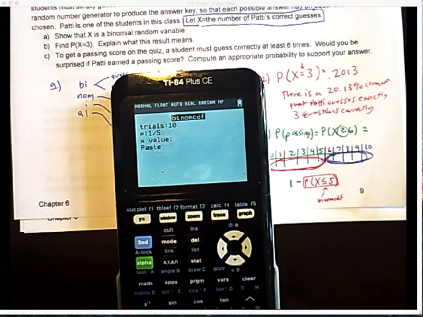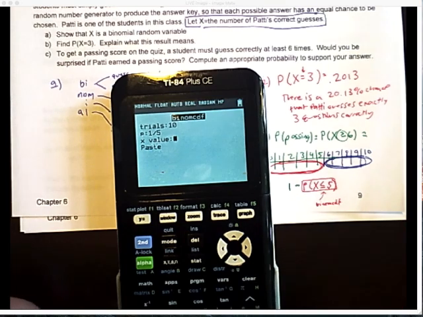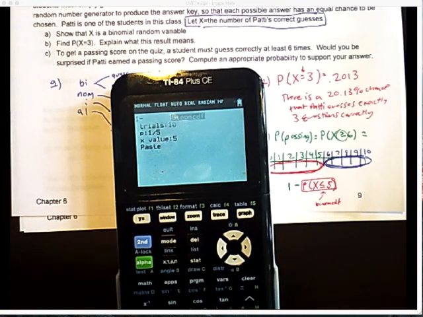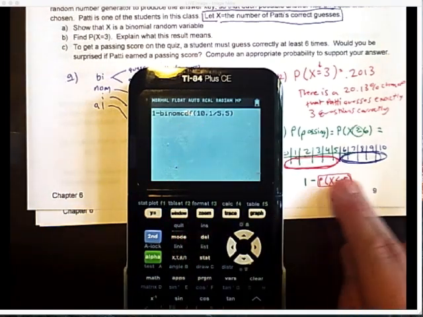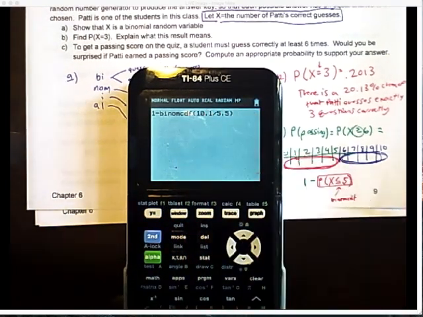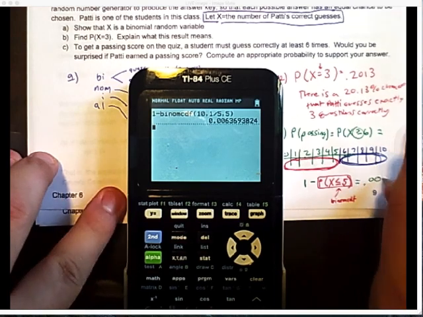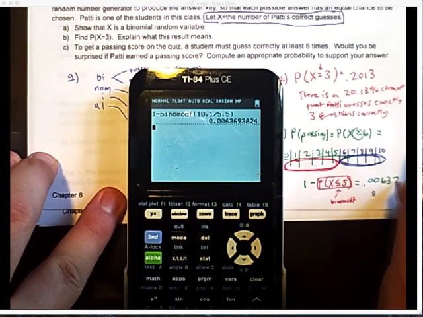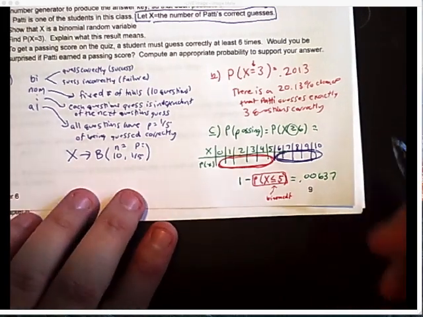Chance of getting any question right is 1/5, and I want this x value to be 5. Okay, so it says same thing, 1 minus this thing, which is a binom CDF. And my final answer here equals 0.00637.